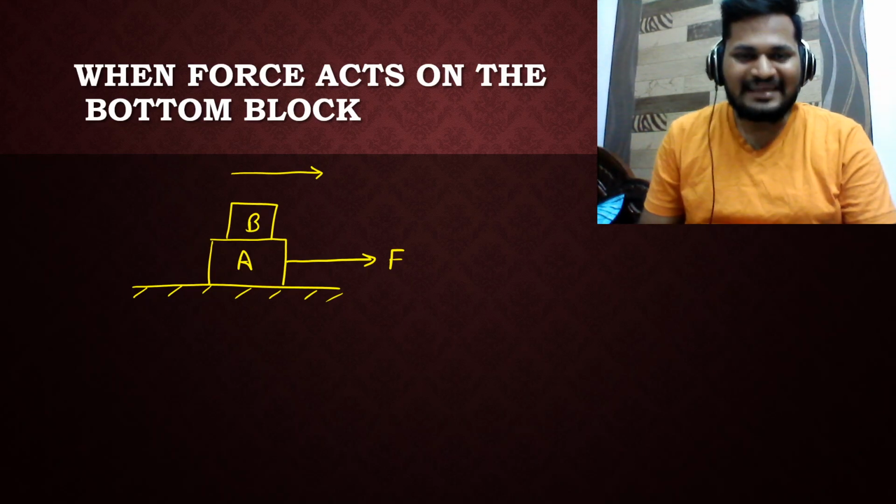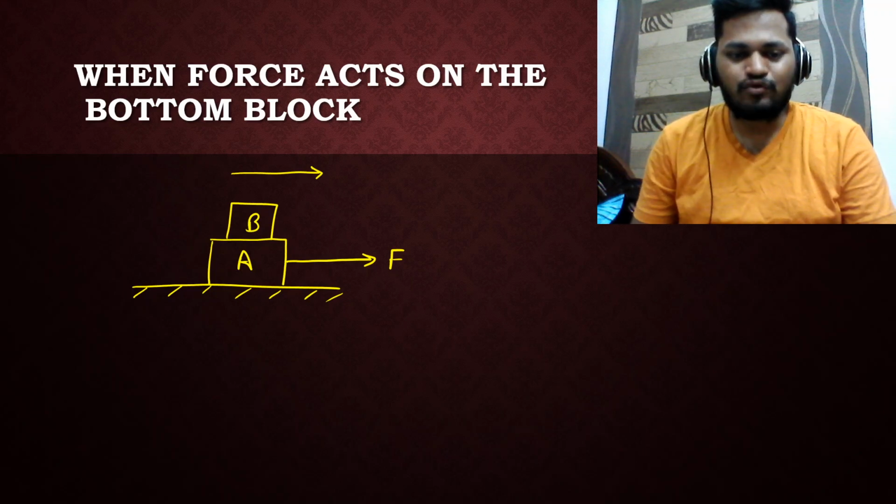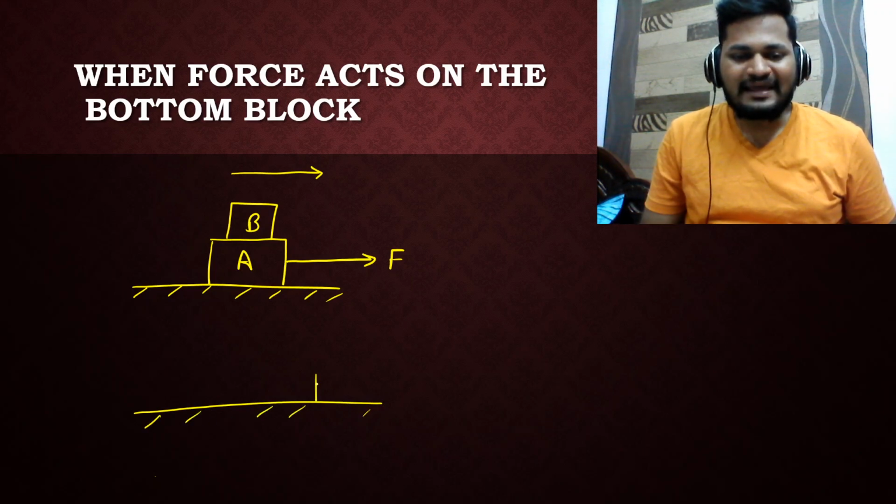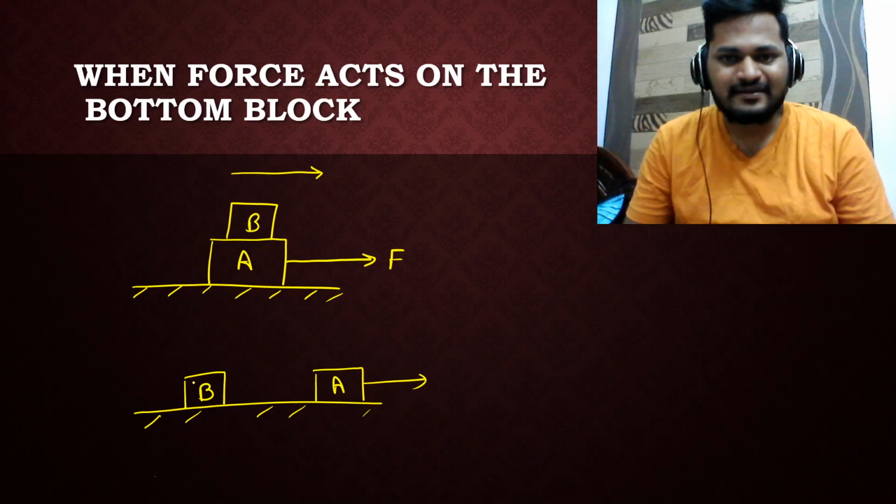In case there is no friction between A and B, how would it be? I'm only exerting force on A. So only A should be moving forward and B should stay at rest, correct?